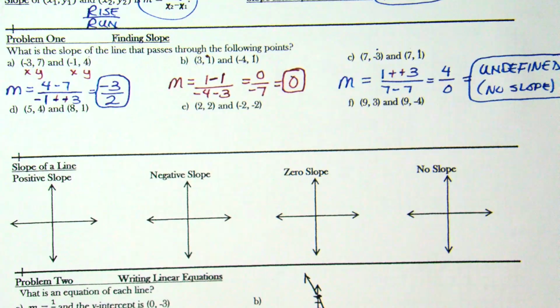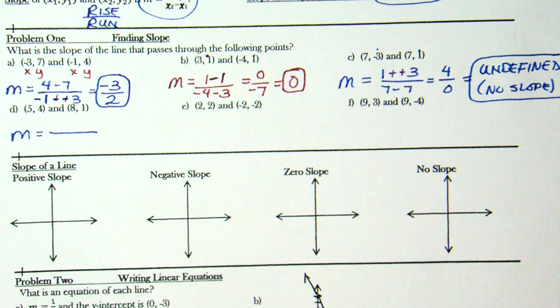Okay, so 5, 4 and 8, 1. There's what you get from me. M equals a fraction. I heard 4 minus 1.